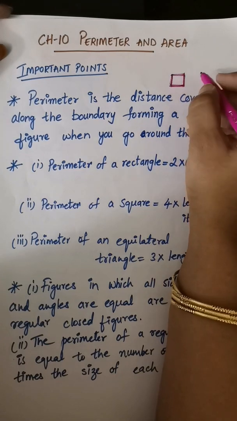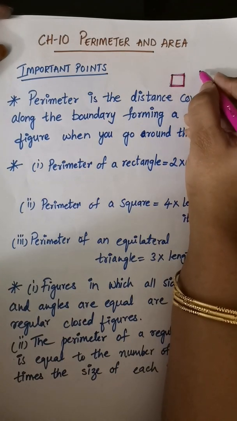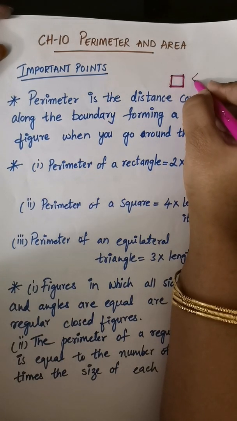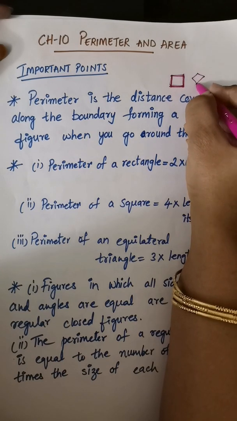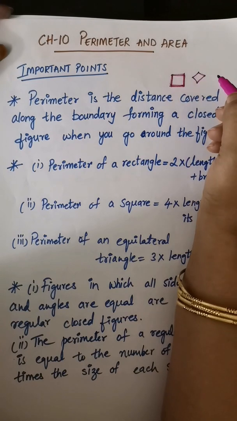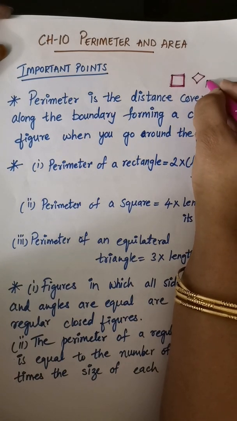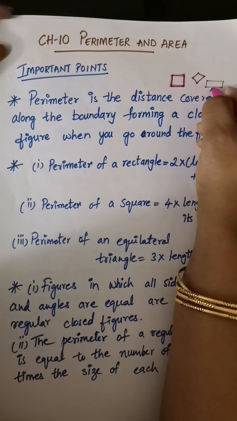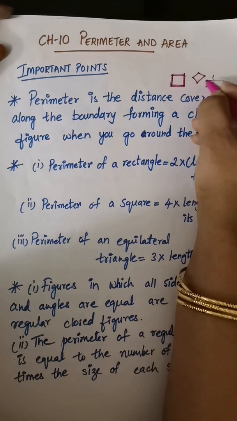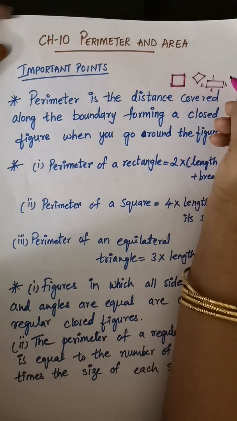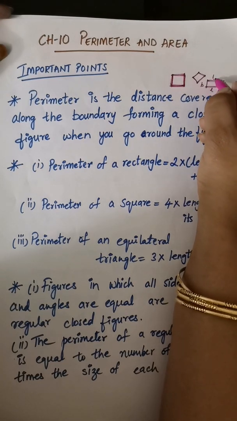If you take any shape, the sum of all the sides is the perimeter. Suppose this is one shape. To find the perimeter, we find the sum of all the sides. Now in the rectangle we have 2 lengths and 2 breadths. So the formula for the perimeter of a rectangle is 2 into (L plus B).